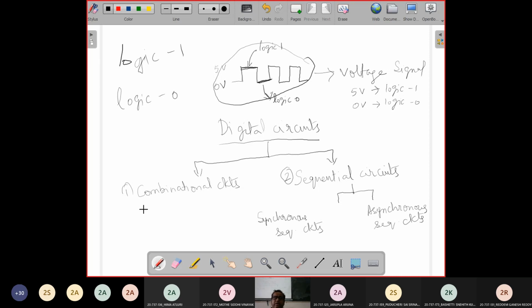Now, what are combinational circuits? The main point you need to understand here is that these circuits are basically constructed using logic gates.